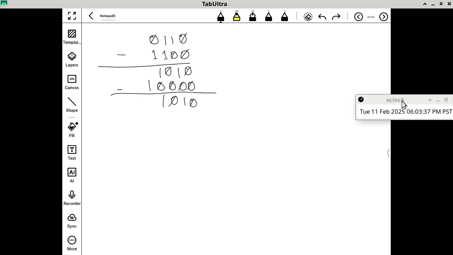So once again, we have unsigned versus signed interpretation. Unsigned, this is a 6. This is a 12. 6 is less than 12 is true. The borrow bit is telling us the truthful answer. It's all good. In the signed interpretation, 6 is still 6. 0, 1, 1, 0 is still a 6. 1, 1, 0, 0 is 4 minus 8, which is negative 4.